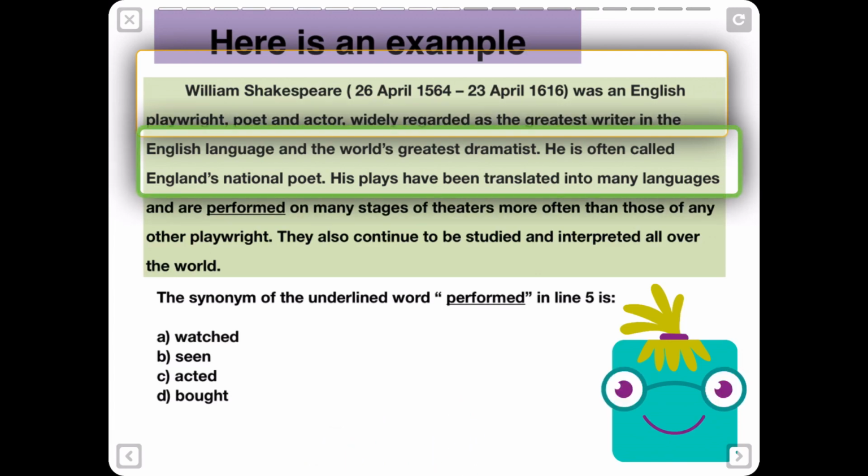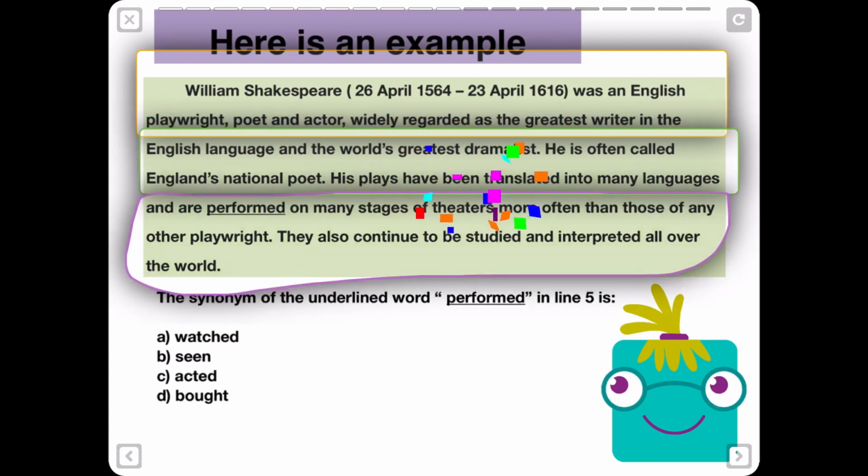His plays have been translated into many languages and are performed on many stages of the theaters, more often than those of any other playwright. They also continue to be studied and interpreted all over the world.